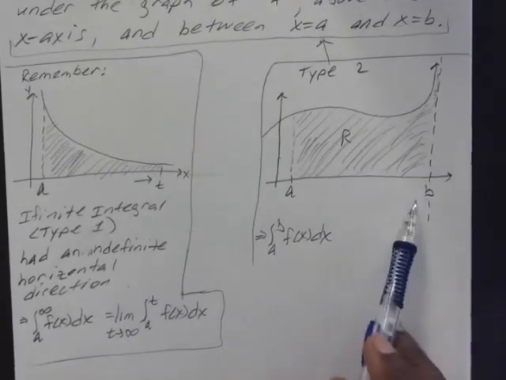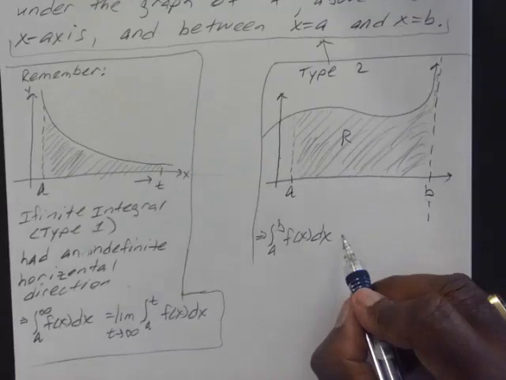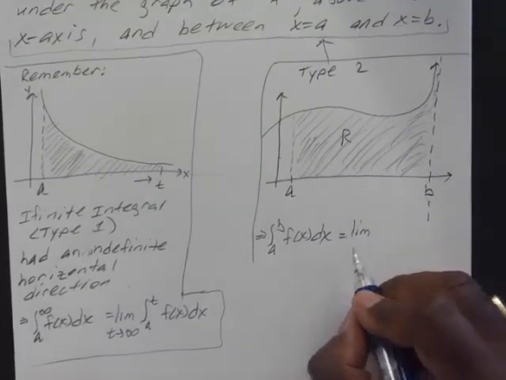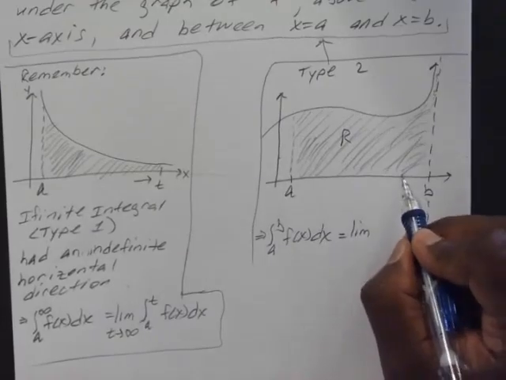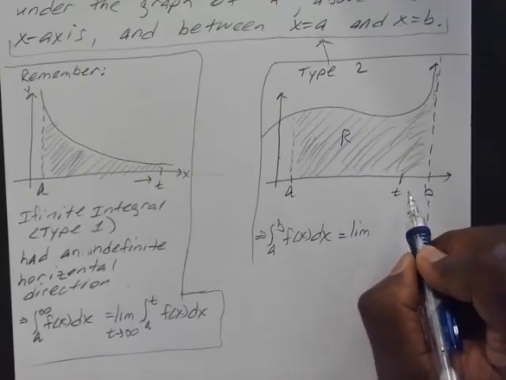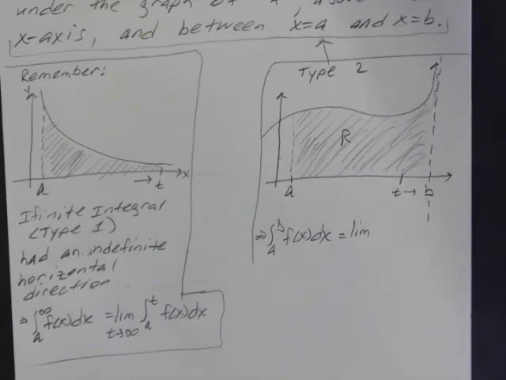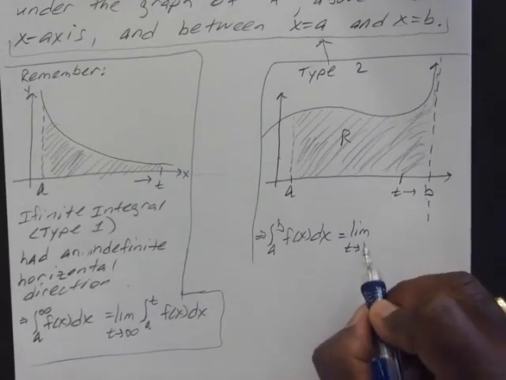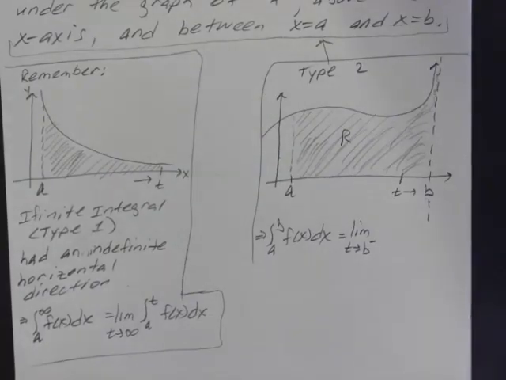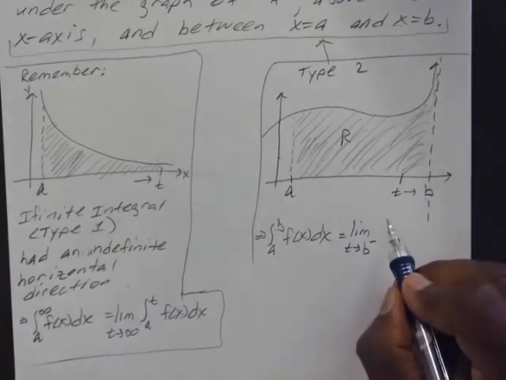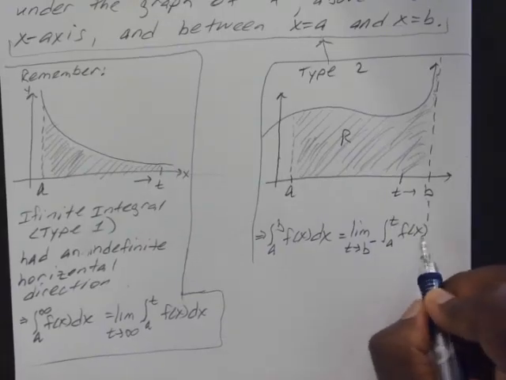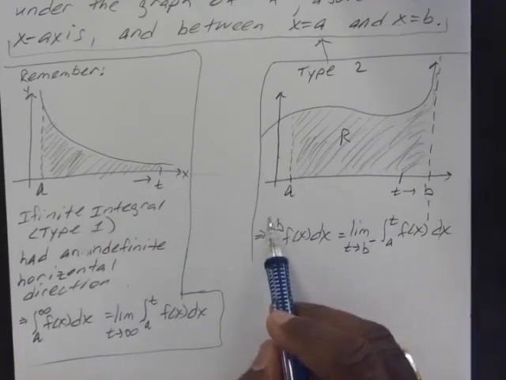But because, again, it cannot equal b, we're just going to rewrite that as the limit as our value t gets closer and closer to b. So t approaches b from the left of the integral from a to t of f of x with respect to x.